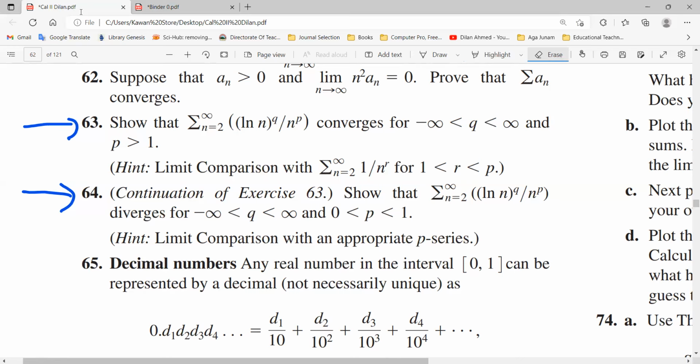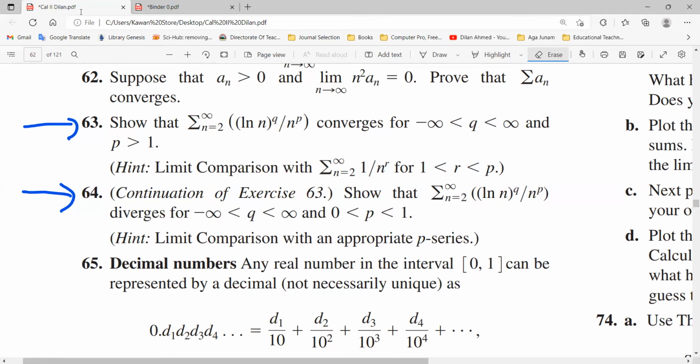Line by line, yalla. So the first one shows that it converges only when q is between minus 1 and infinity. So it means that p is obviously greater than 1.